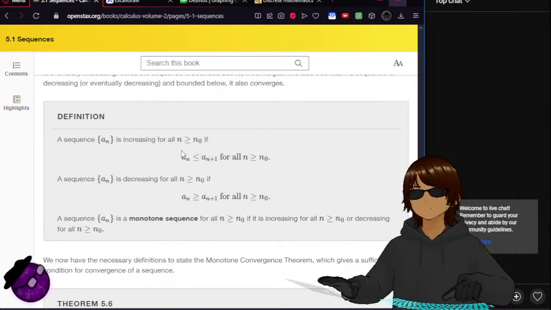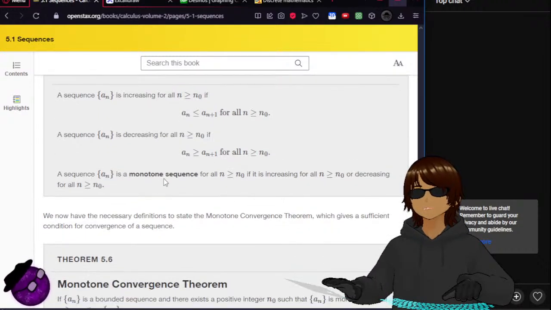A sequence is increasing for all n greater than or equal to n naught if the previous term is less than or equal to the next term for all n greater than or equal to n naught. A sequence is decreasing for all n greater than or equal to n naught if the previous term is greater than or equal to the next term.